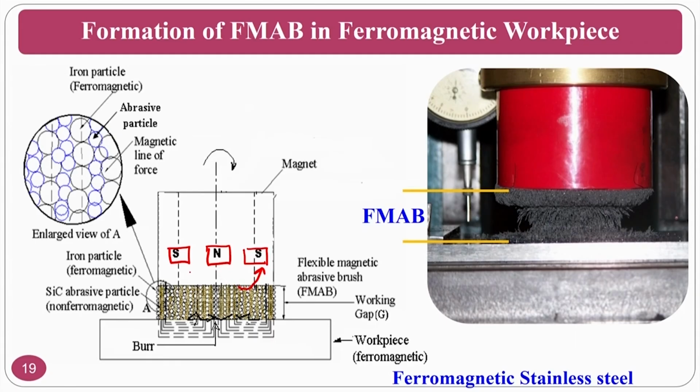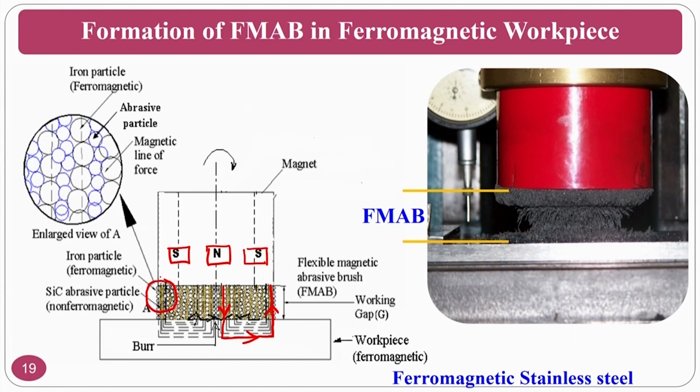Since the workpiece is also a magnetic material, the lines move inside the workpiece as well and go through. That means the energy or strength of these chains will be very high. You can see the zoomed up version of the chain here.